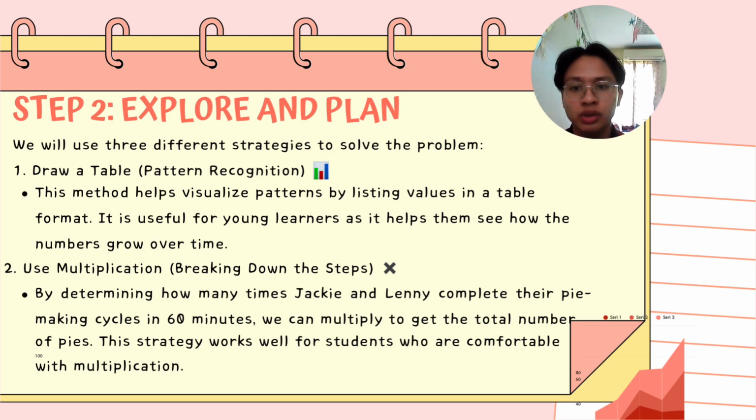Second, I use multiplication, where we break down the steps by determining how many times Jackie and Lenny complete their pie-making cycles in 60 minutes. We can multiply to get the total number of pies. This works well for students who are comfortable with multiplication.